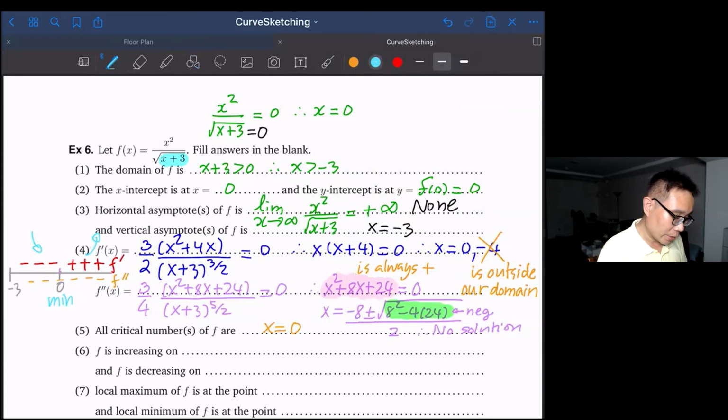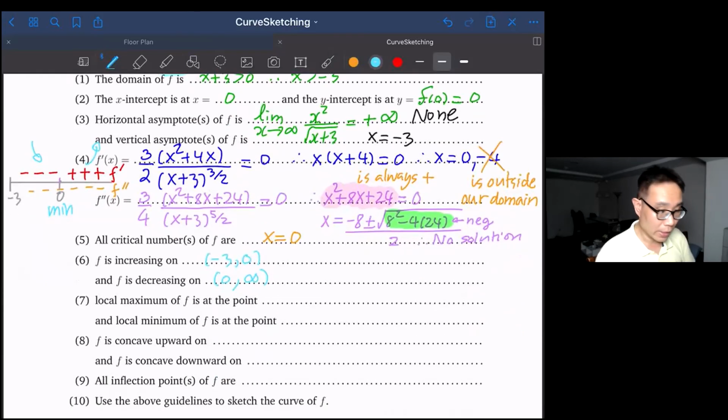So it's going to be increasing on -3 to 0, decreasing on 0 to infinity. Okay, and you have local maximum at x equal to 0, and local minimum, it's going to be none. So for x equal to 0, you need the point, so 0, f of 0.